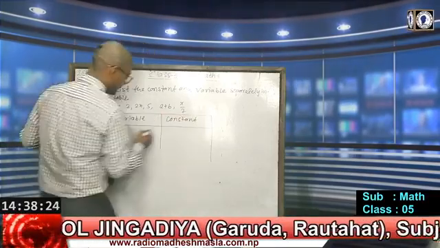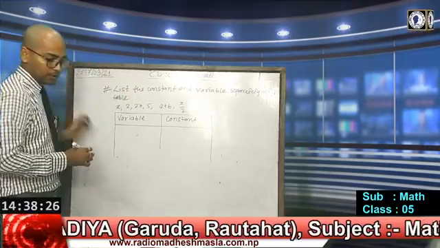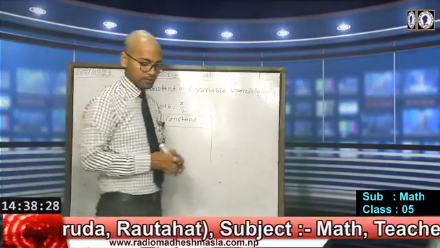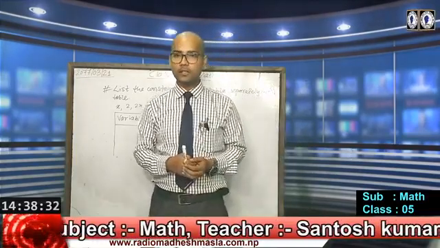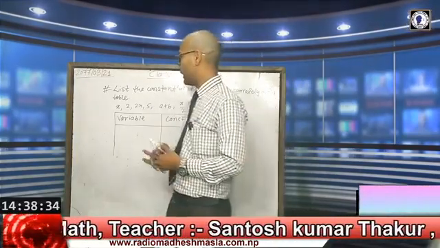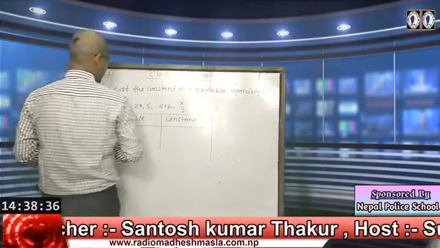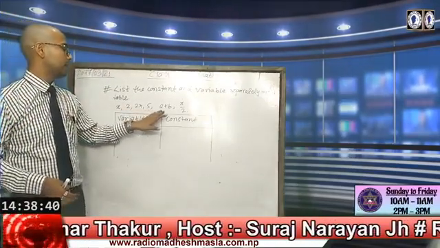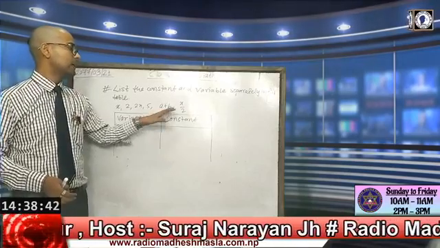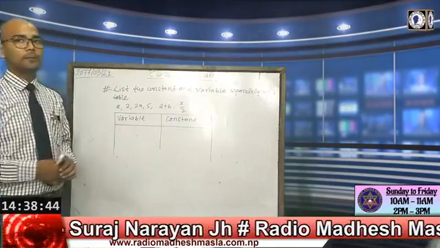As we discussed more about variables and constants, here we can see the terms given are x, 2, 2x, 5, a plus b, and x by 2.